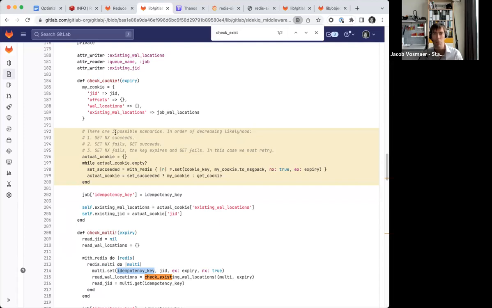We improved that by packing those fields together into a cookie and storing that as an opaque blob in Redis. The other thing we did: there was a set and a get here because we used the NX flag, which means that we only set if the key doesn't exist yet. So this get is meant to get back the current value, regardless of who set it.